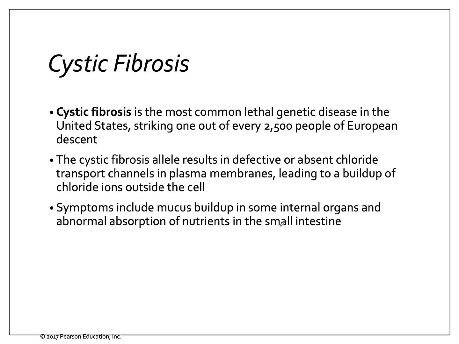They get a buildup of chloride outside of the cells, and they're not able to absorb or transfer nutrients across those cells. And so people with cystic fibrosis often have issues with breathing in their lungs. One way to treat this is a lung transplant. And then sometimes they have issues with absorbing nutrients in the small intestine. And so this can be lethal if not treated.